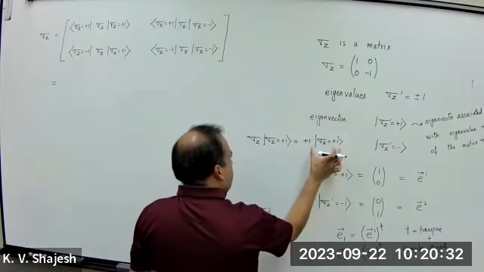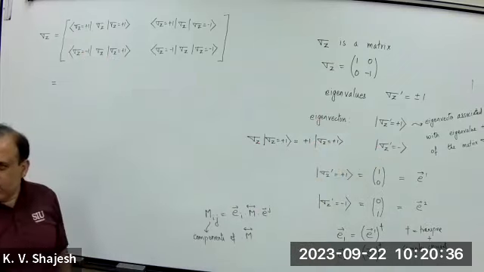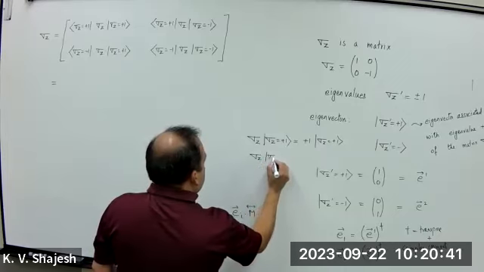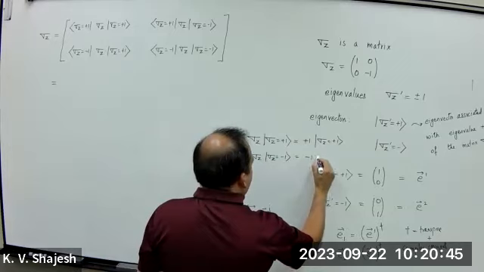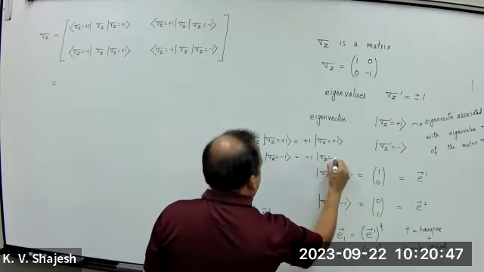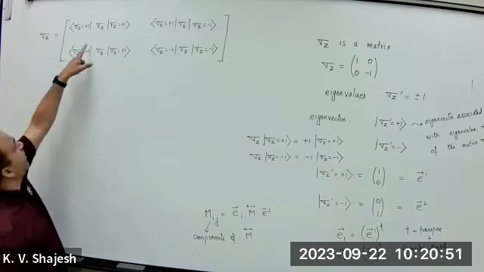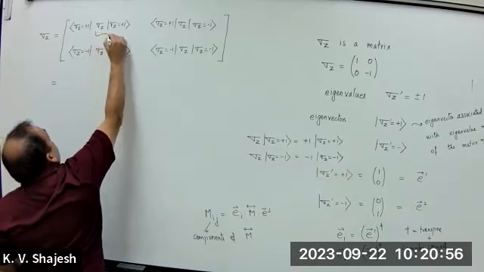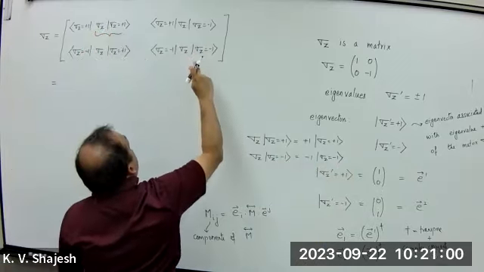The eigenvector means this is the eigenvalue +1. Same thing, sigma z acting on sigma z equal to -1 will be equal to -1 times sigma z equal to -1. That's a straightforward, simple definition. I can use that here. This is equal to the same thing with +1. This is +1, -1, -1.